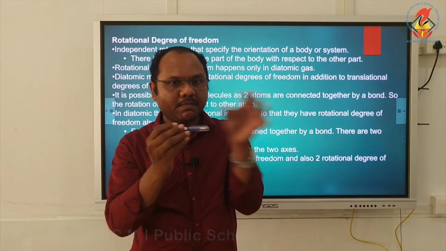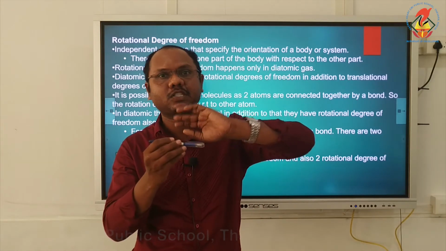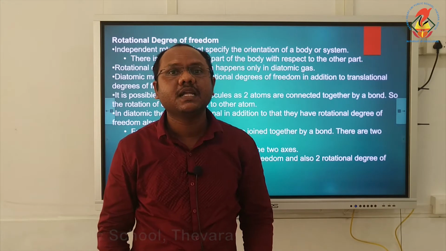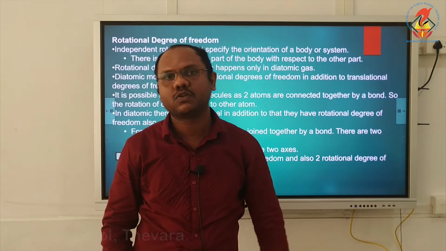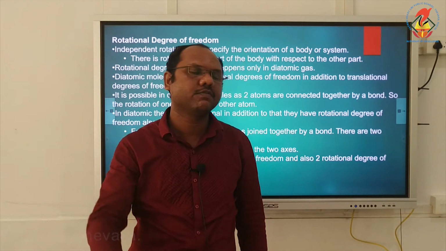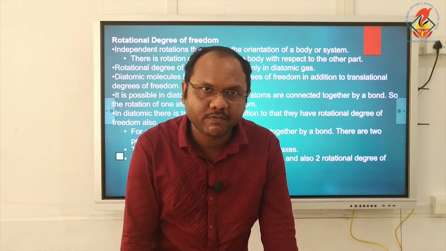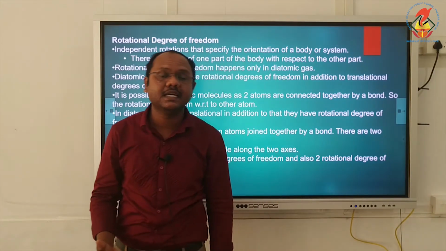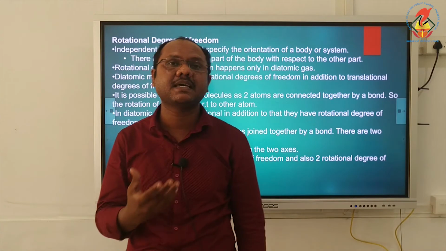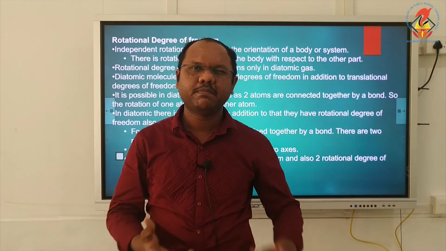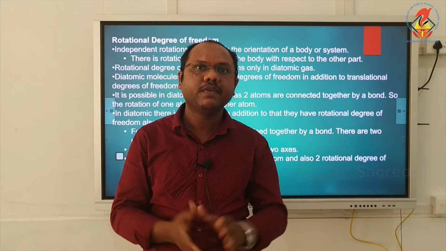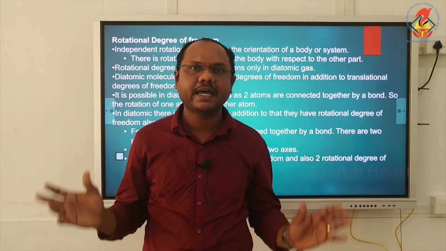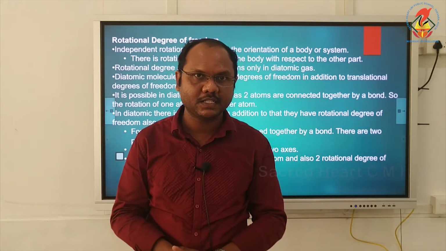So there will be a vibration like this and a vibration like this. So there are two vibrational motions also possible, 2 degrees of freedom due to vibration. So if vibration is also considered, then a diatomic molecule will have 7 degrees of freedom. But at normal temperature, a diatomic molecule will have 5 degrees of freedom.